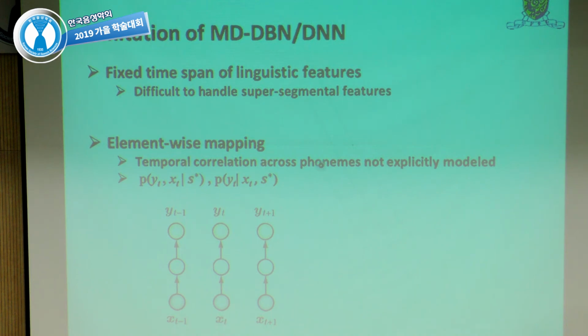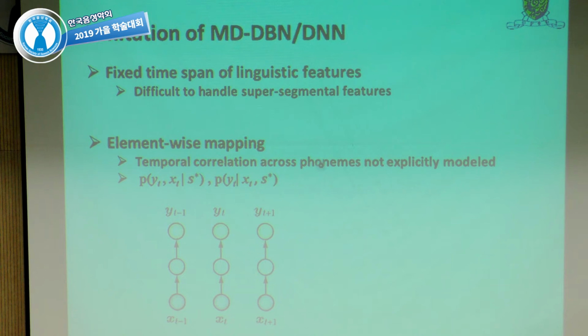Because, as we know, DNN has a limitation that it only focuses on a fixed time span, as we mentioned, only at the state level.